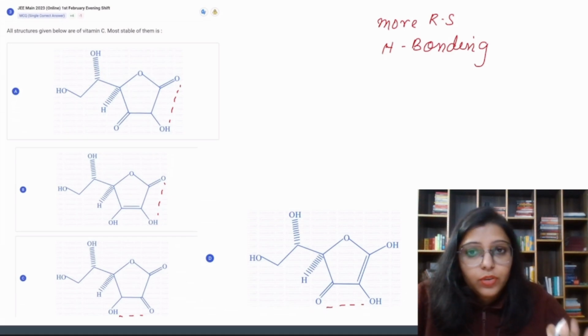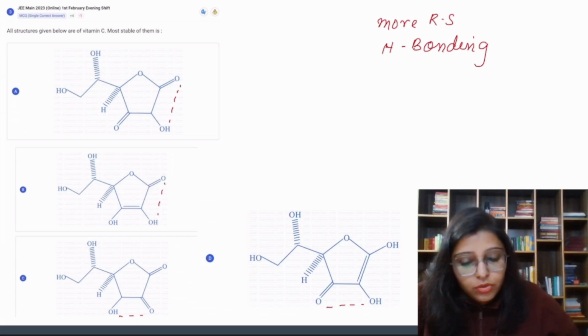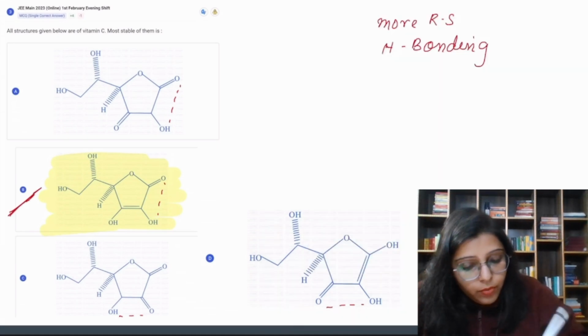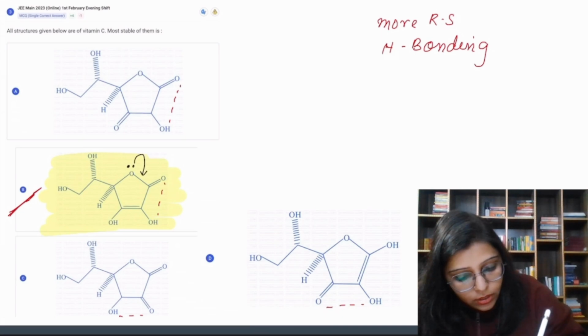Now we have to look for the resonating structure. If you see the resonating structures, more resonating structures you can form in this one. So that's why B is going to be the more stable form. So see, oxygen, then its lone pair comes over here, then this bond shifts over here, right?